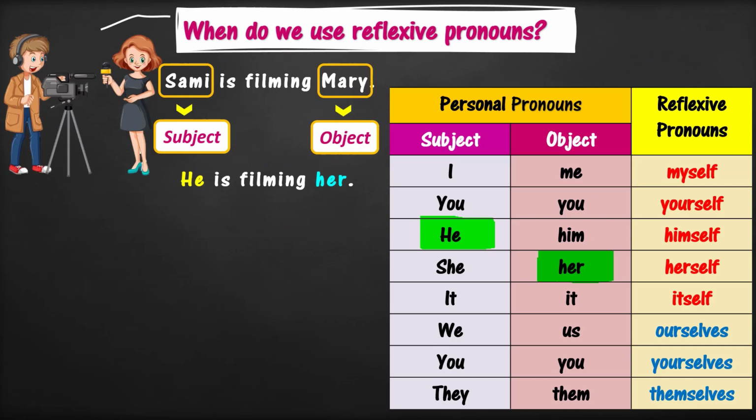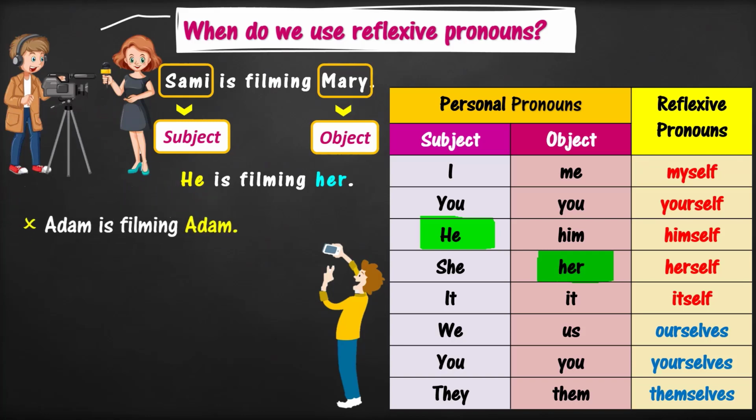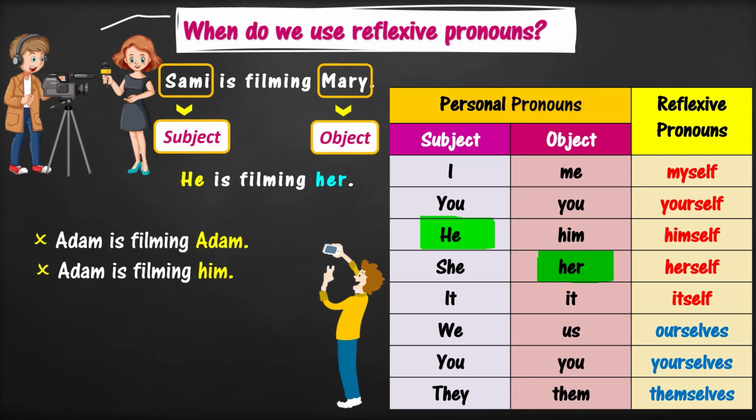We use two different pronouns because we have two different people. Let us now look at this example. What is Adam doing? Is it correct to say Adam is filming Adam? Or Adam is filming him? Of course not. These are incorrect sentences.